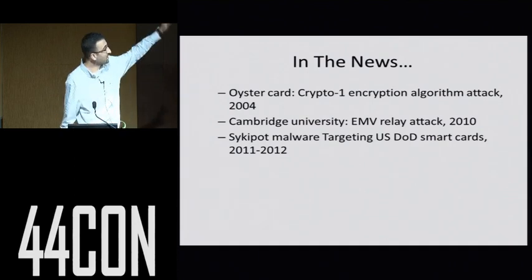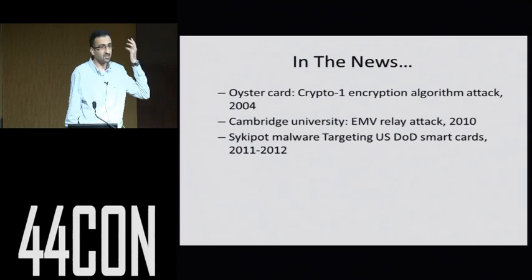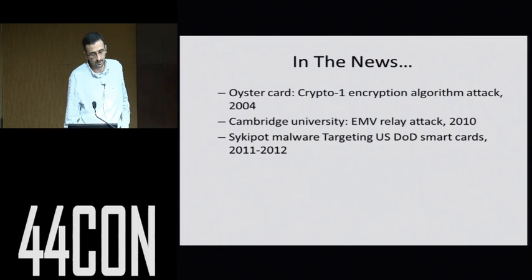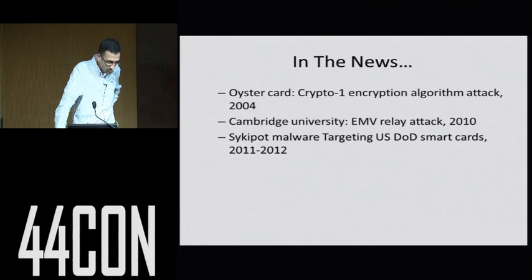In a couple of seconds, you could extract the card's private key and copy it onto a new card. The other one was the research released by Cambridge University. It was the attack against the banking cards, against the EMV protocol. But this one also needed the attacker to have physical access to the POS terminal.